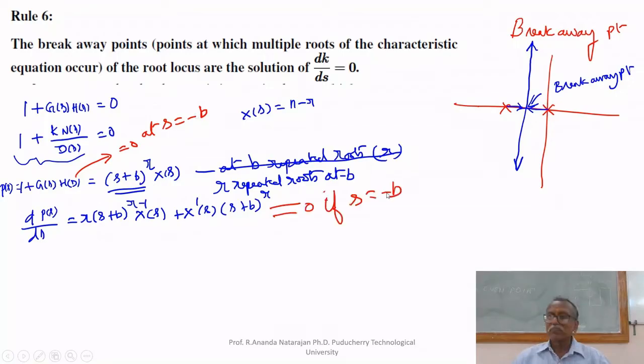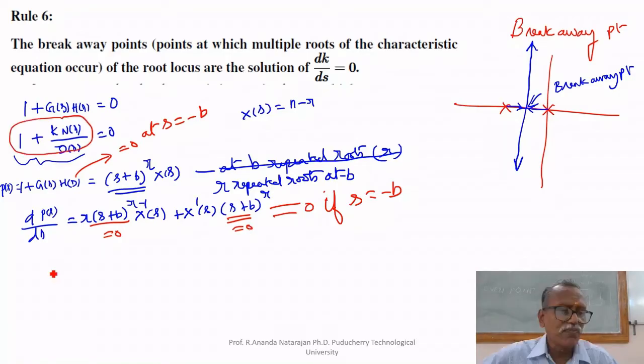If you substitute s equal to minus b, this also becomes 0. So if the characteristic polynomial is 0 for minus b, its derivative is also 0 for minus b. That's why we can find the derivative of the characteristic polynomial and equate it to 0 to find the repeated roots. Let us differentiate this. What is the characteristic polynomial? This is the characteristic polynomial.